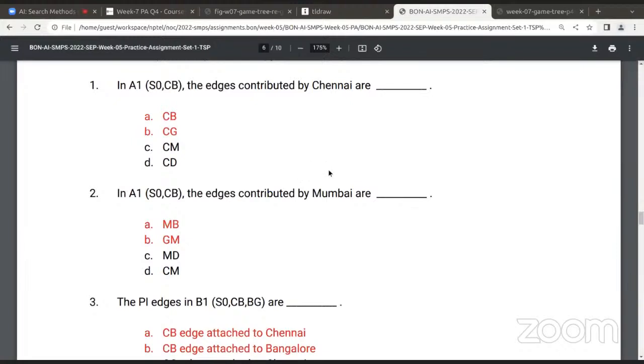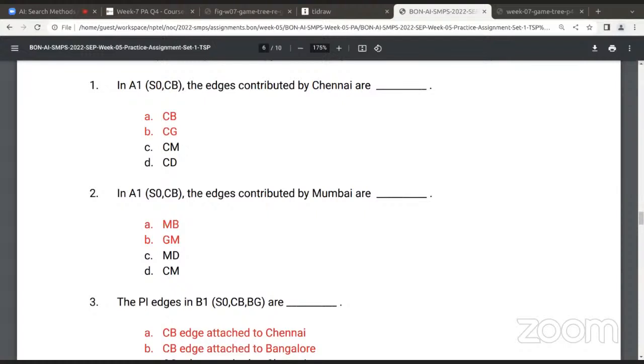When we include Chennai, Bangalore, the cost is the same. So the reason is the following. From Chennai, I'm going to Bangalore. That is fixed, one direction.